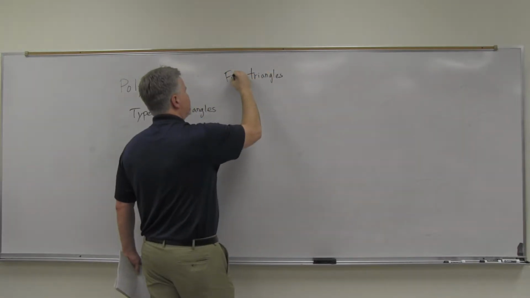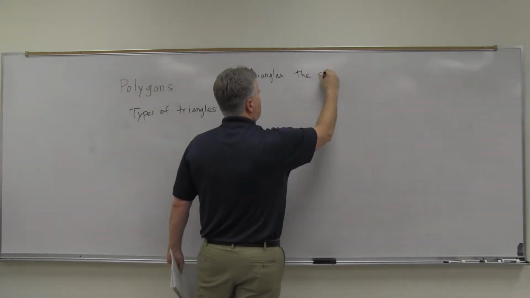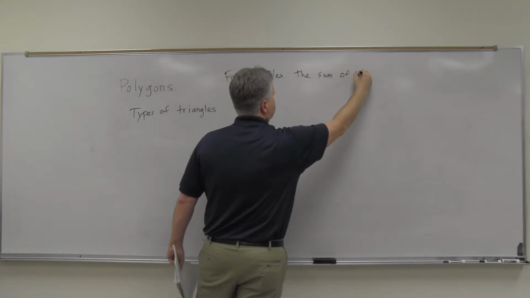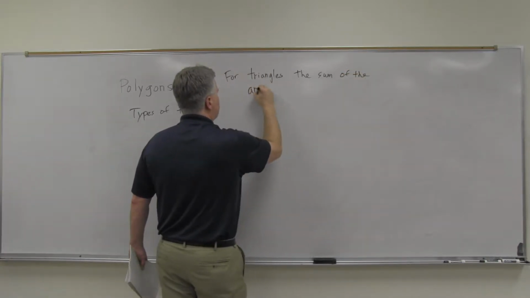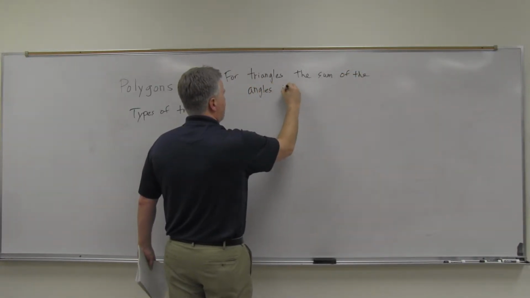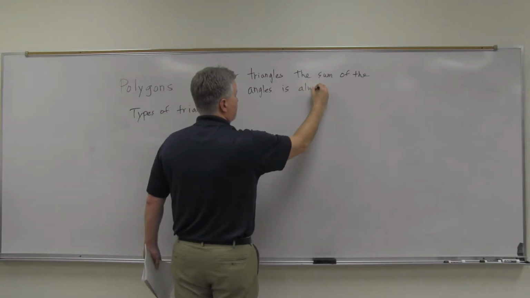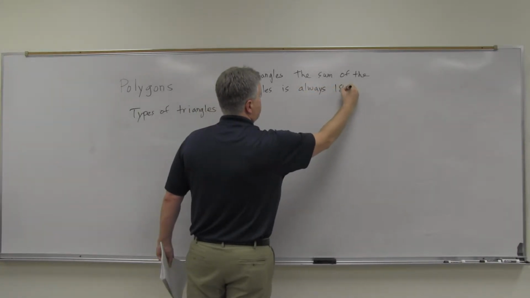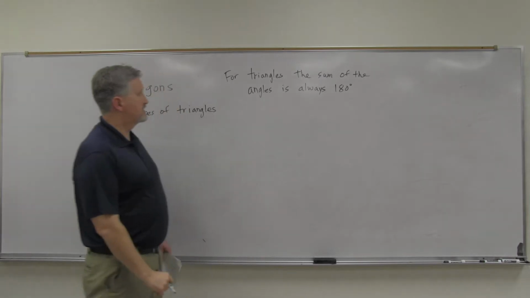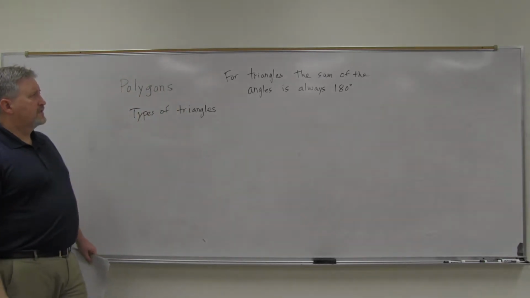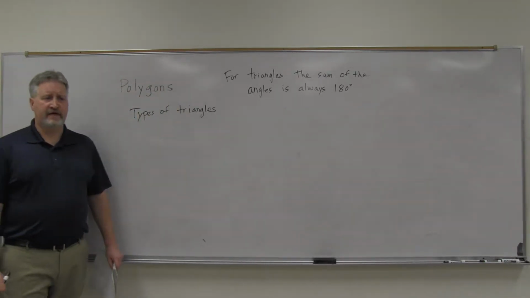so for triangles, the sum of the angles is always 180 degrees. The sum of the angles of a triangle is always 180 degrees.